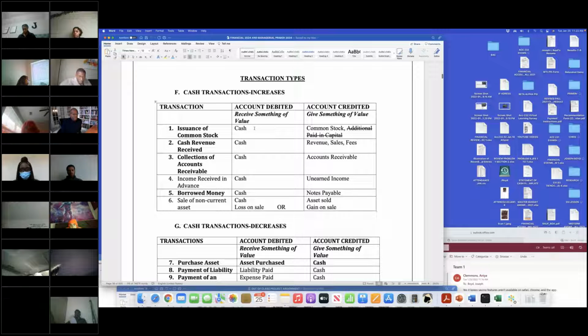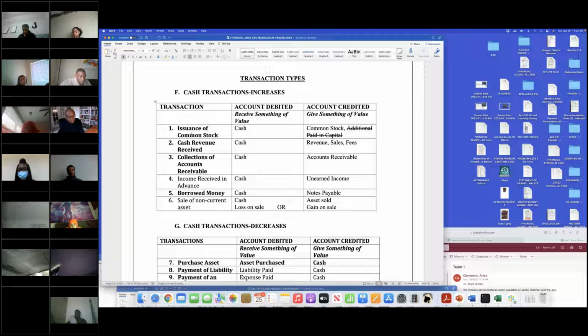So when I talk principles, whenever cash is coming into the business, we debited cash and we credited. If it was a type 1, it was always common stock. If it was a type 2, it was revenue and sales. Type 3. And so we read the transaction, we see if it's a 1, 2, 3, 4, 5, or 6.